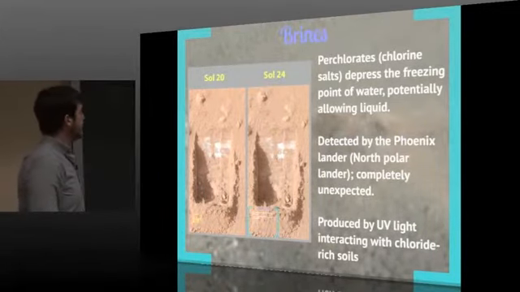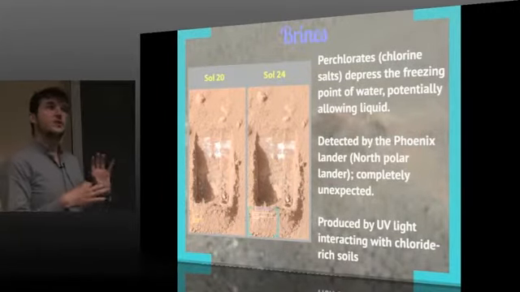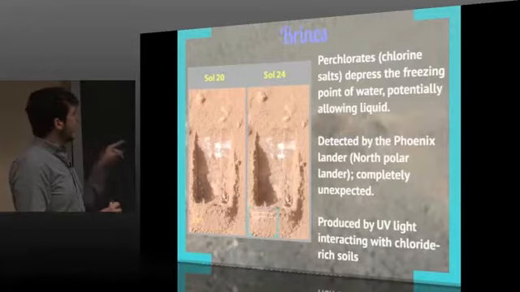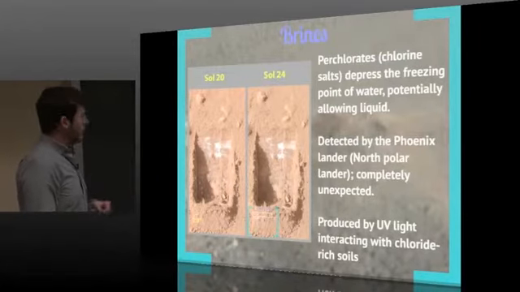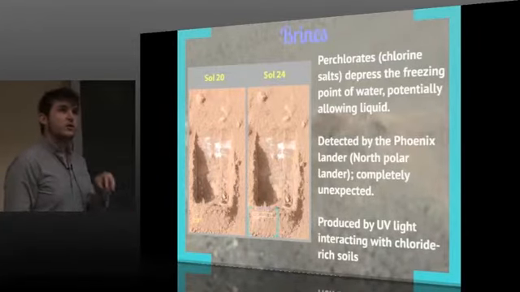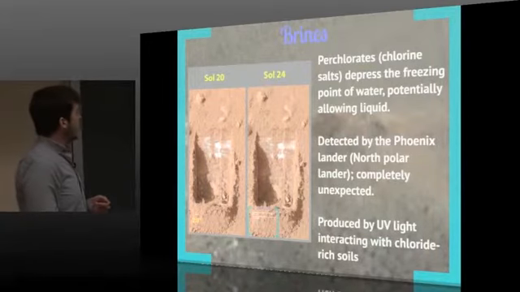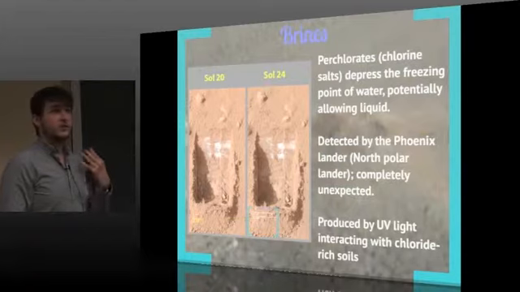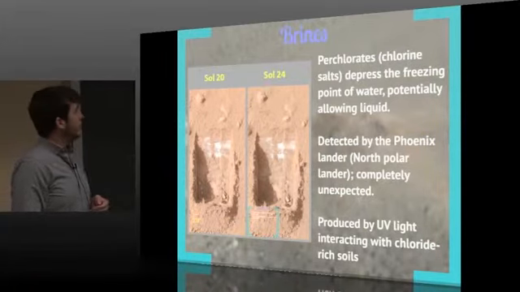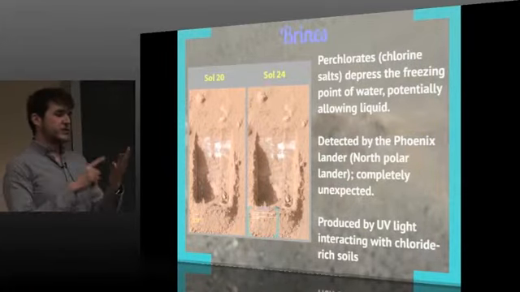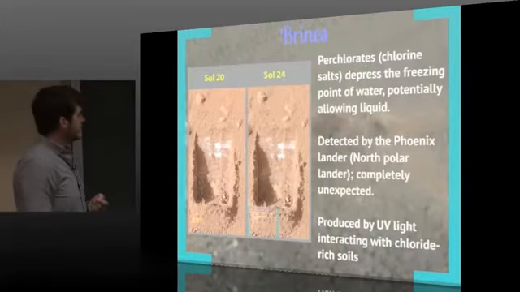They were completely unexpected when they were found. So the Phoenix lander contained a wet chemistry, or a wet soil analyzer, that went to the North Pole of Mars, scooped up a little bit of soil, and looked at what was in that soil, found these perchlorate salts that may explain one of the mysteries of the early Viking landers as to why the life detection experiment had 2 positives and 2 negatives.